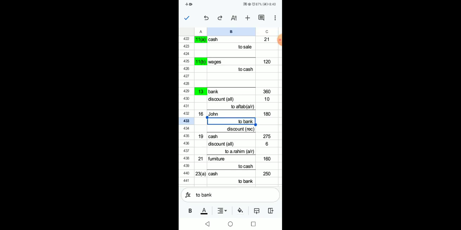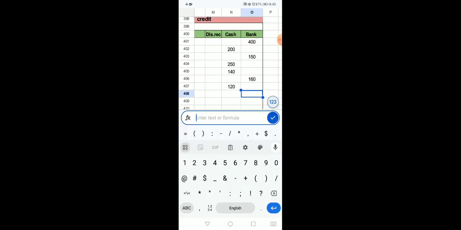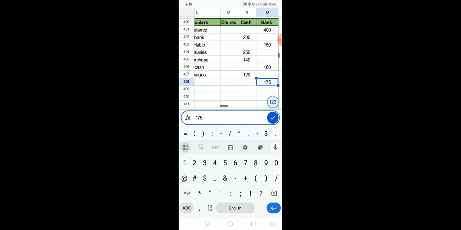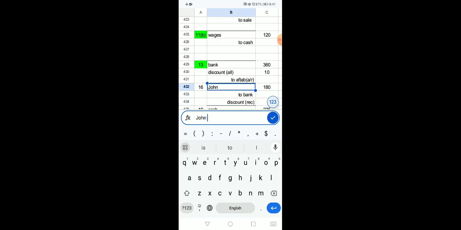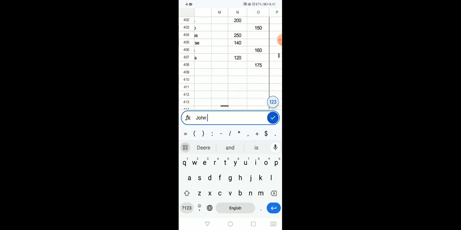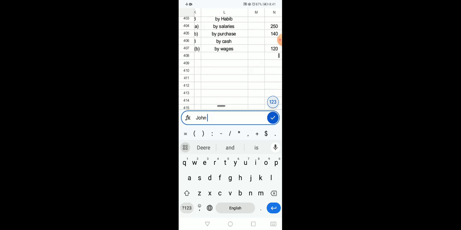First step is to see bank, which is credited by 175. Go to the credit side of the bank and write down 175 over here in the bank column. Now see what is its reference. That is John. Now here the matter is being repeated for bank and discount. Reference is the same, John. So first we have posted bank on the credit side, and here you will be writing John over here.